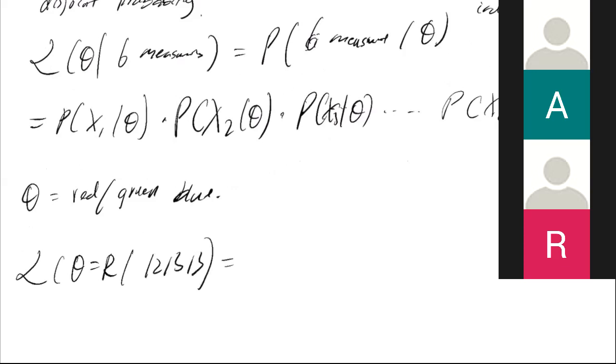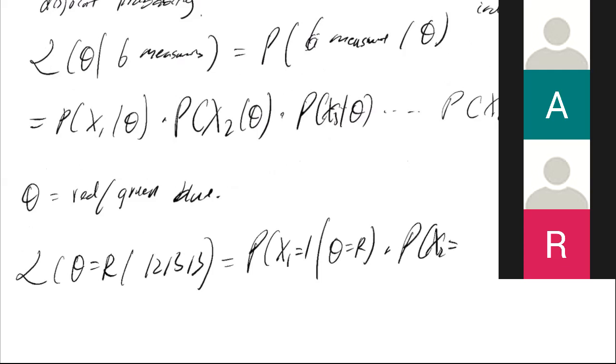That equals the probability of x1 equal to 1 given that theta is red, times x2 equal to 2 given that theta is red, and so on up to x6 equal to 3 given that theta is red.